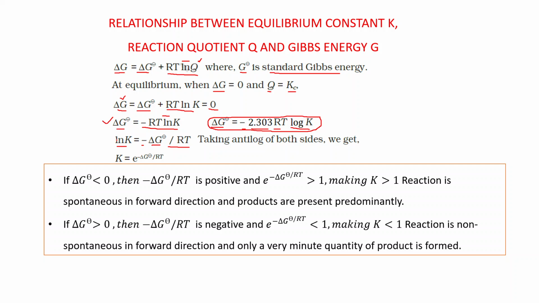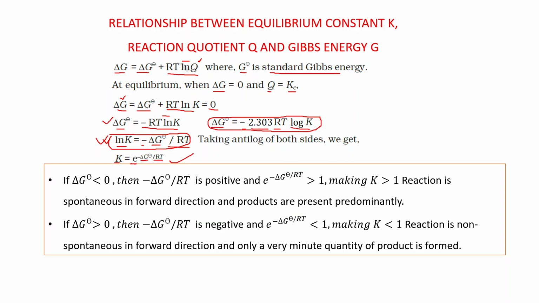Now, if we take the anti-log of this equation on both sides, then we will get K is equal to e raised to the power minus delta G standard divided by RT. Again remember, this e is for the natural antilog.